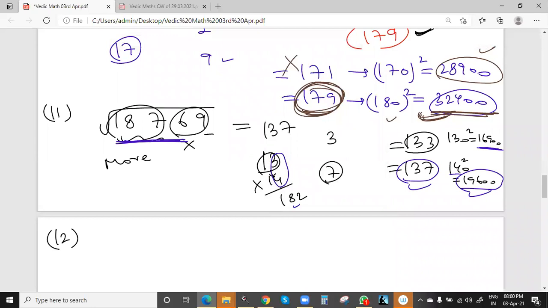See, the next one is 54756. 54756, the value we have to find. 234. Okay.